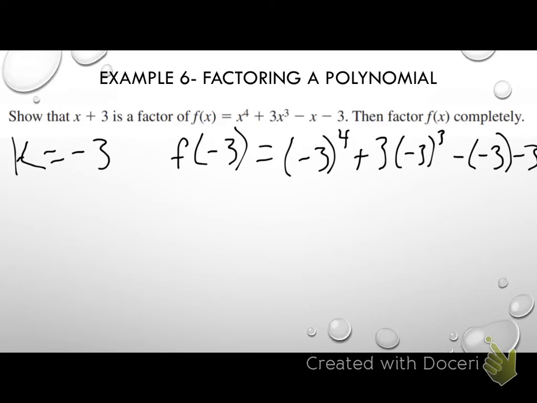Does everyone see that? Finding f of k. So doing all my exponents first. What's -3 to the 4th power? -12 or no? Nope, not quite. It's -3 times -3 times -3 times -3.